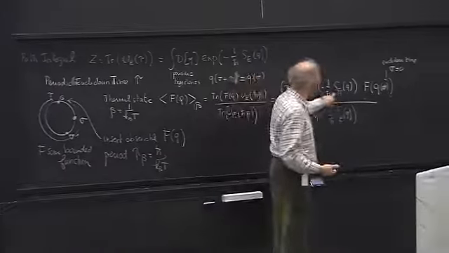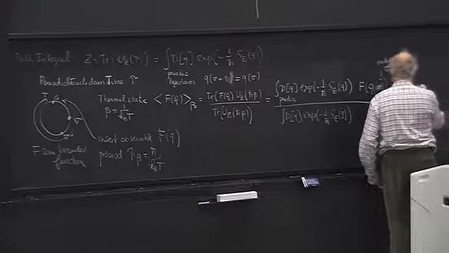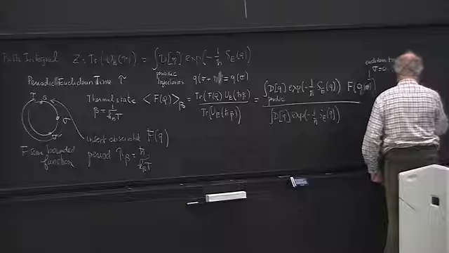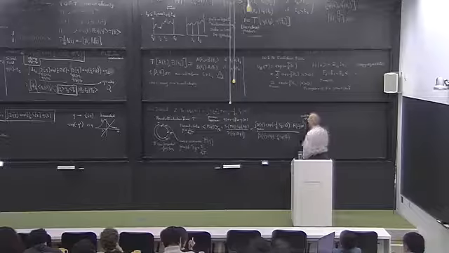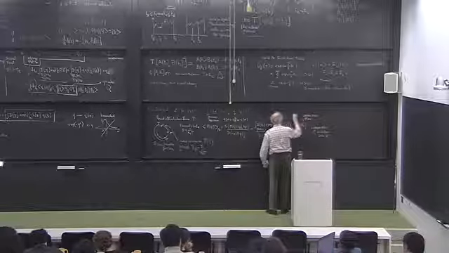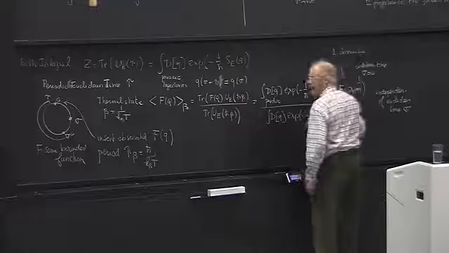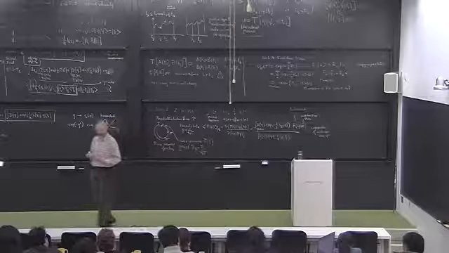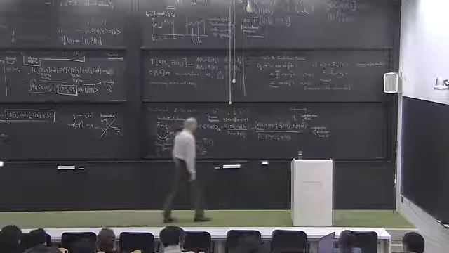So this is independent of sigma. Just because we are considering one observable. If we were considering a product of observables at different Euclidean times, then the situation would be different.